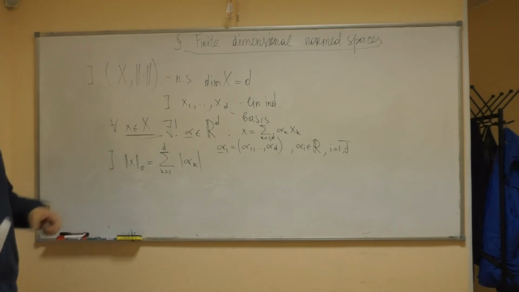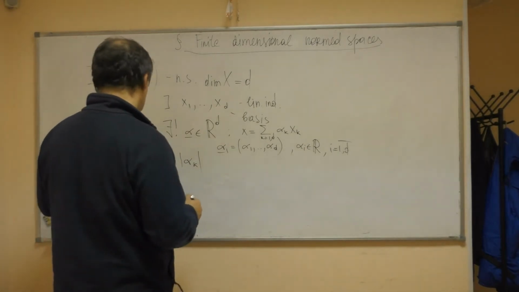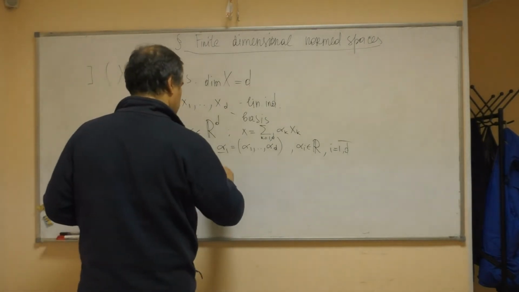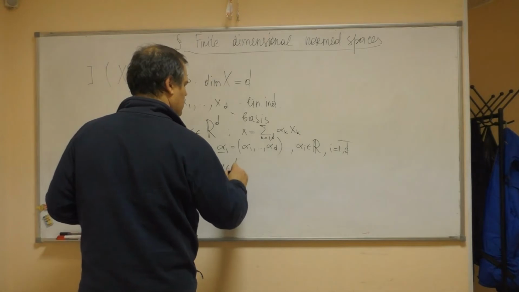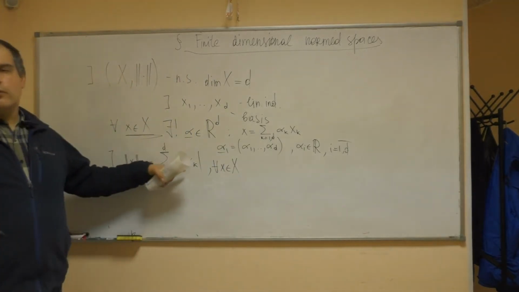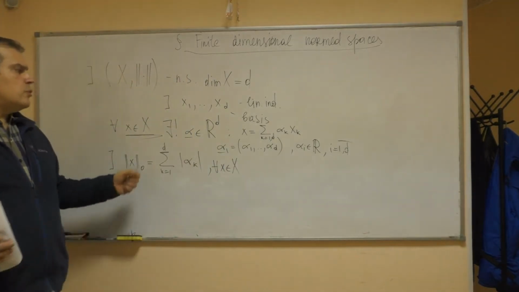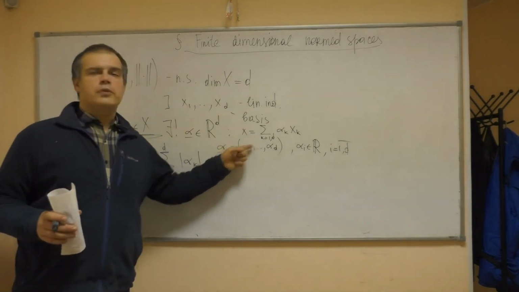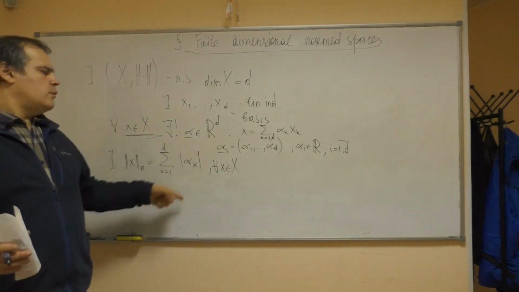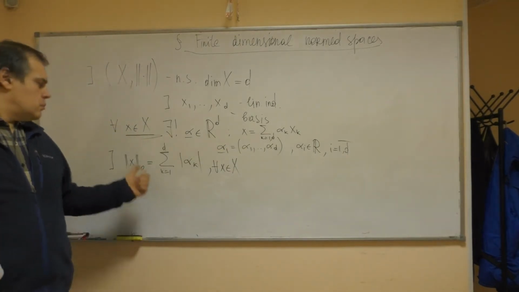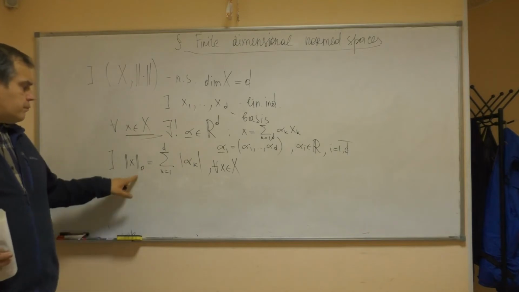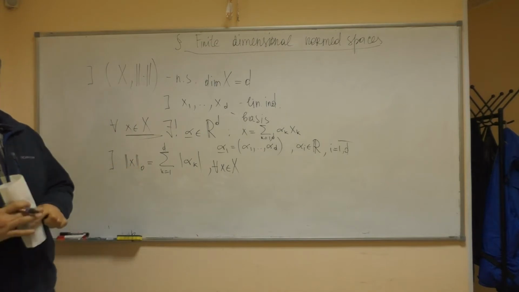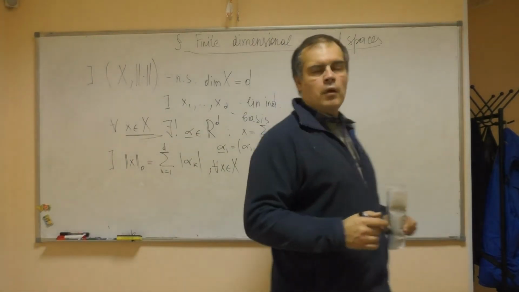So for each element of X, we can calculate this function. Indeed, we can uniquely choose these coordinates, and by this formula we calculate what we call the norm with index 0.